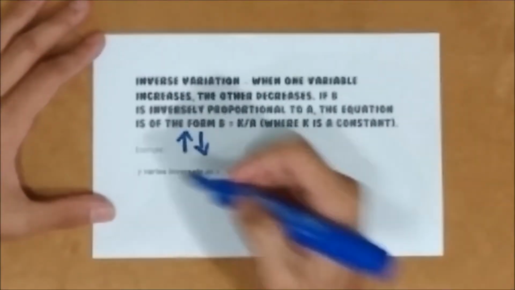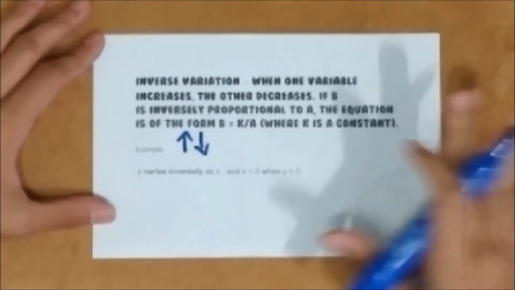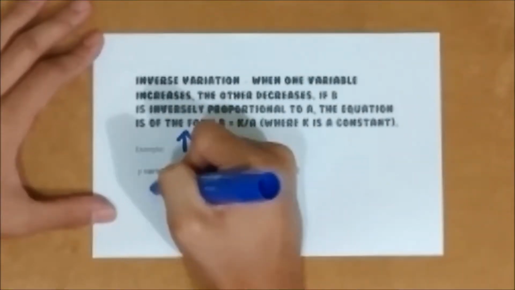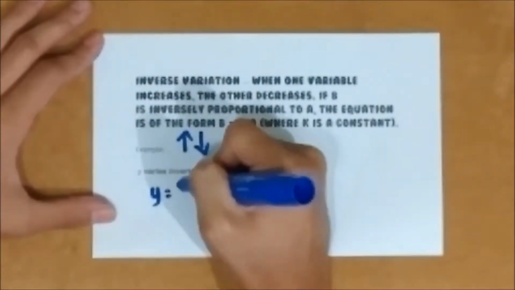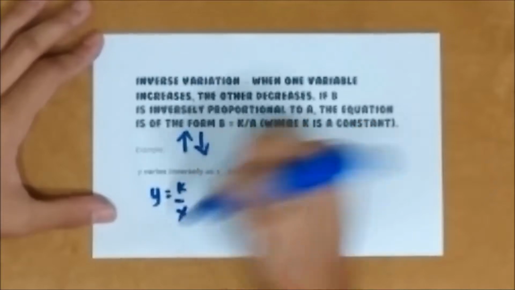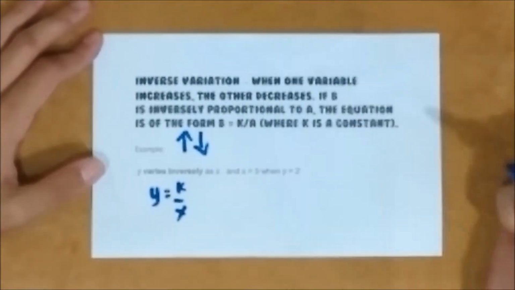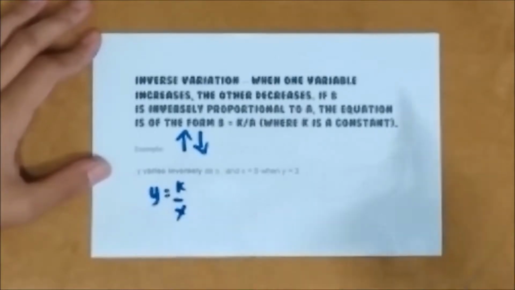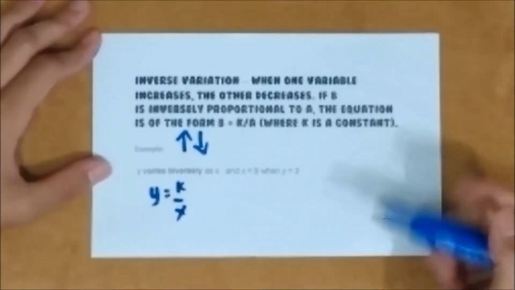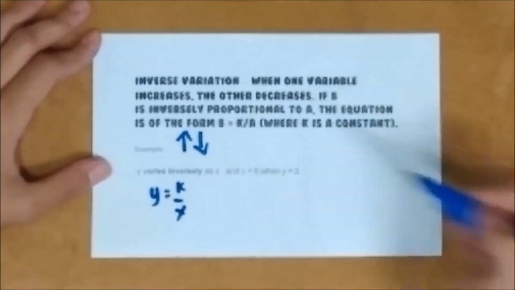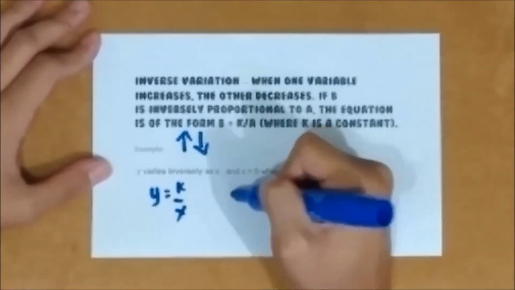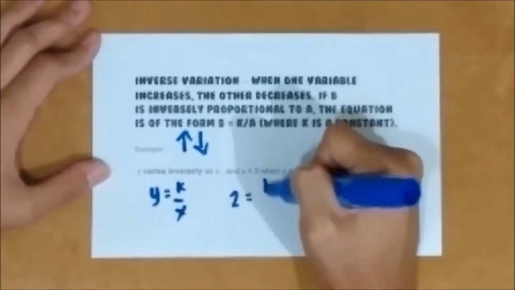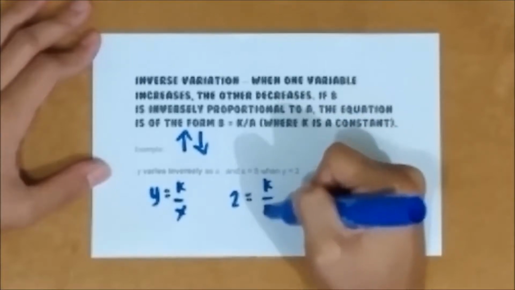Okay, so let's simplify. Let's put it into equation. Y equals k over x. Y varies inversely as x. Now let's substitute. X is 5 when y is 2. 2 equals k over 5.